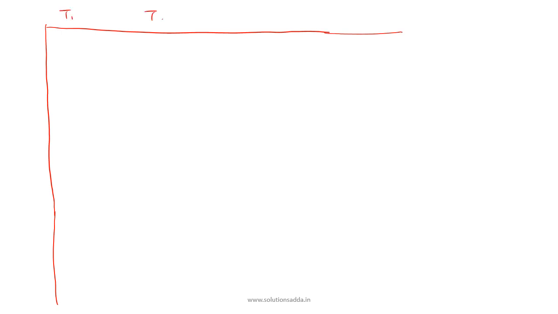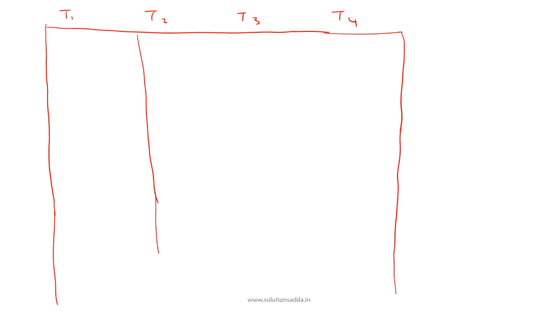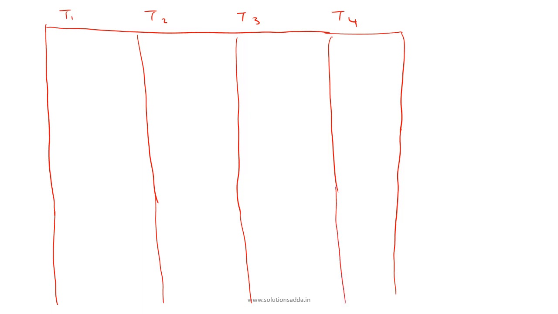T1, T2, T3 and T4. These are the 4 transactions. So initially T4 is the one that is getting started.